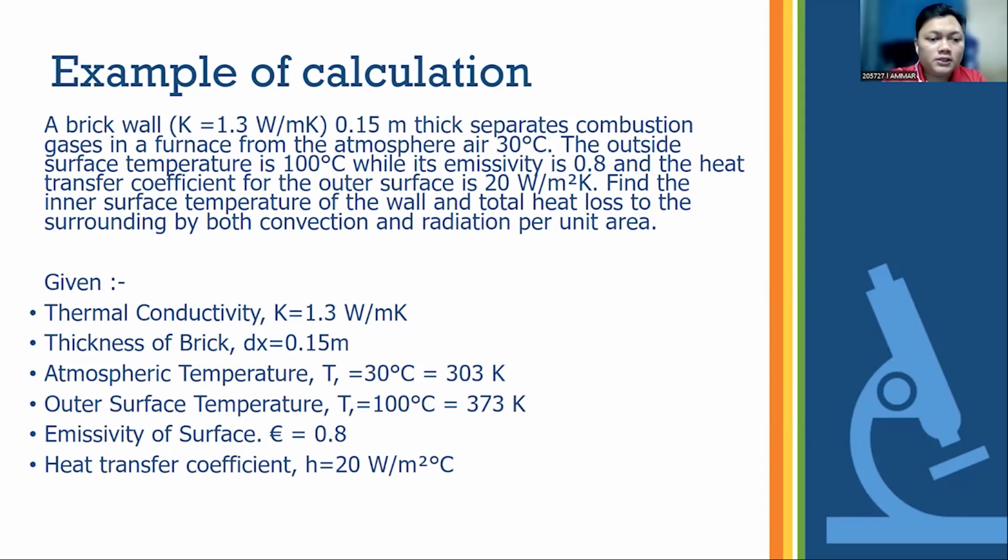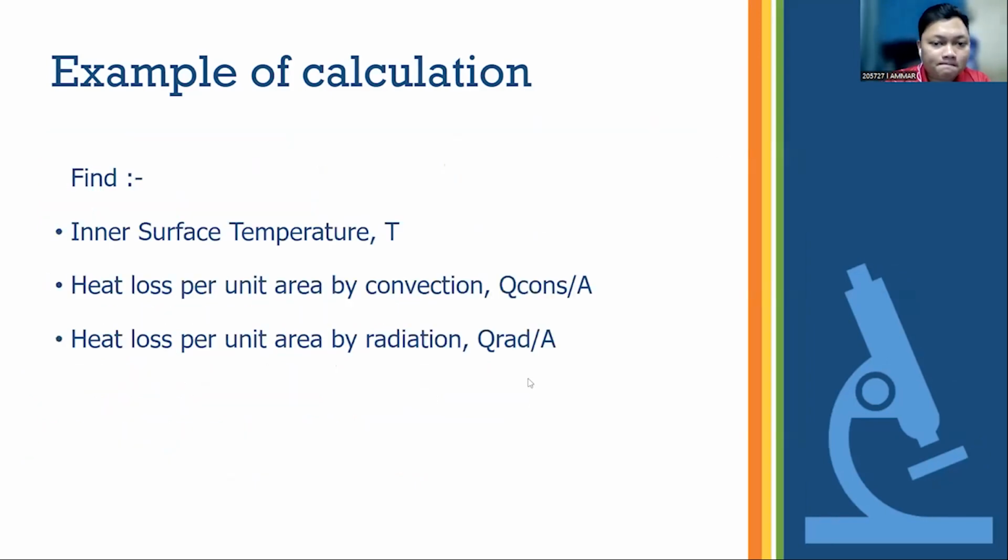Below is what is given in the question. For the atmospheric temperature and outer surface temperature, we need to change them from Celsius to Kelvin. Next is what we need to find: the inner surface temperature, and the heat loss per unit area by convection and radiation.